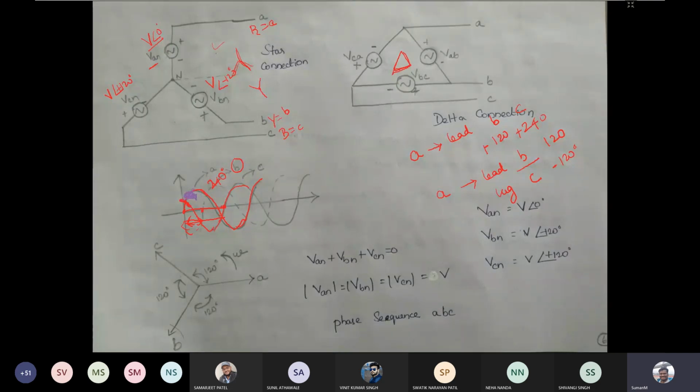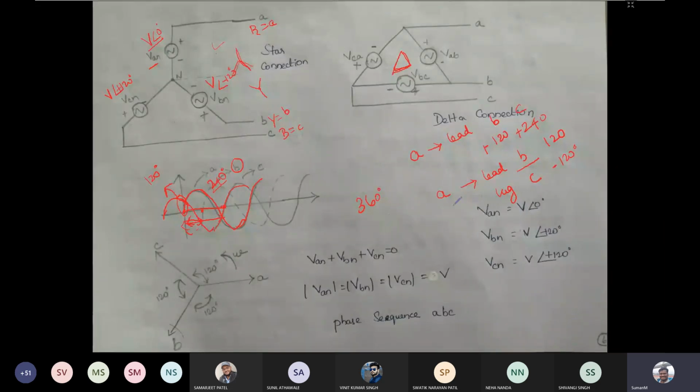If you are seeing the 0 point, you can call that this C phase is leading. So if you are projecting it completely, then you can call that the C phase is leading the A phase by 120 degree, or the C phase is lagging the A phase by 120 degree. Okay, so total is 360 degree.